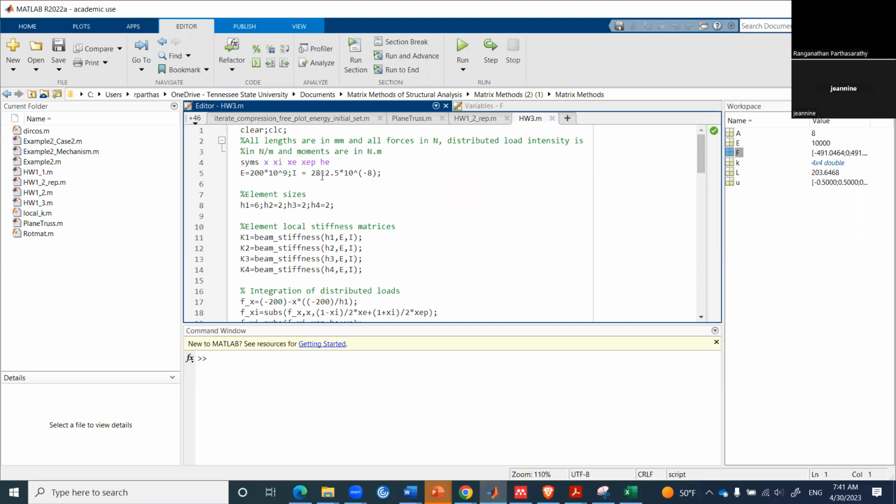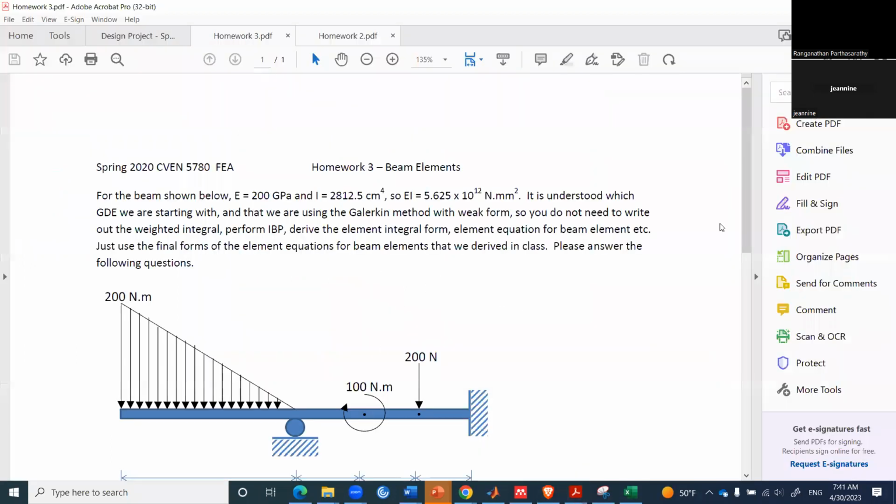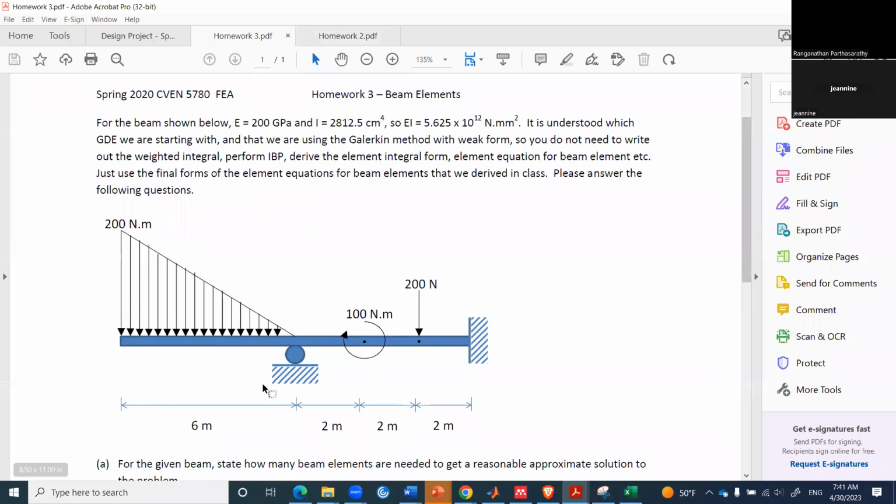So here you have your EI and your element sizes. The first element is 6 meters in length, second is 2, third is 2, fourth is 2.